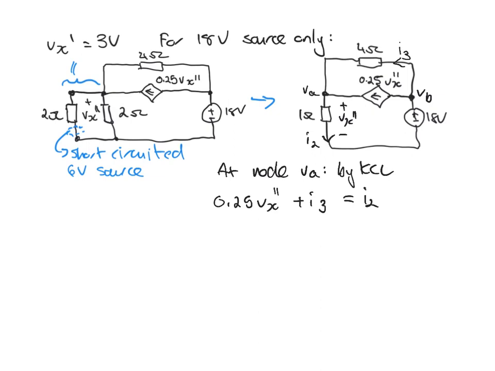But we can see that by Ohm's law, I2 is equal to Vx double dashed divided by 1 ohm, which is equal to Vx double dashed.